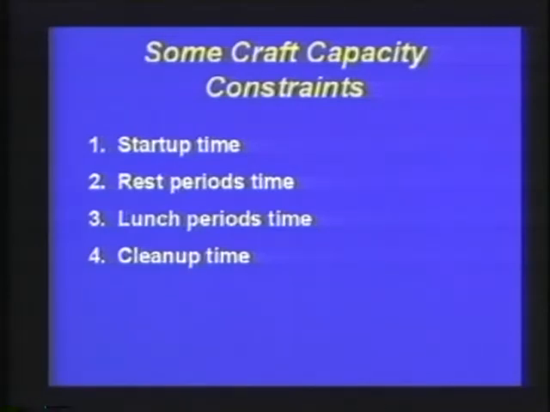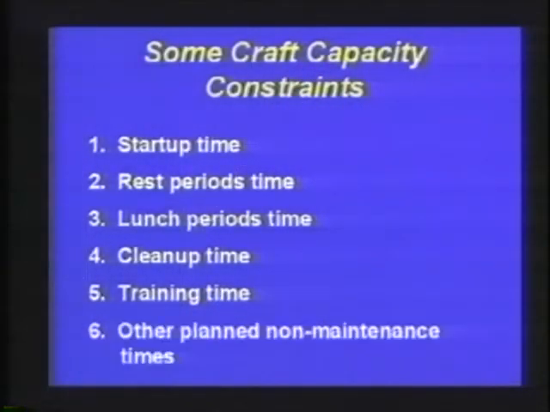Now, if there's any training programs that have been defined for craft personnel, you're going to have to remove that portion of the time from the payroll portion for that either day or shift, or it could be for a longer period of time. It depends upon the training time element. And then item number 6 would be any other non-maintenance related times.